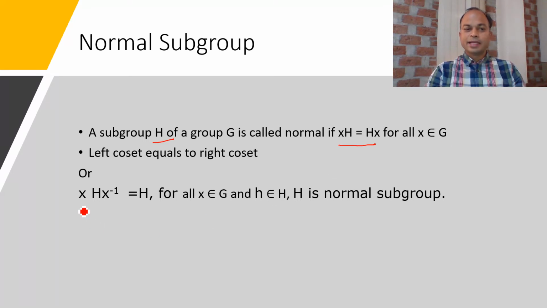We may also write xHx inverse equals H. If this is also true, then H will be a normal subgroup. This formula is very easy.